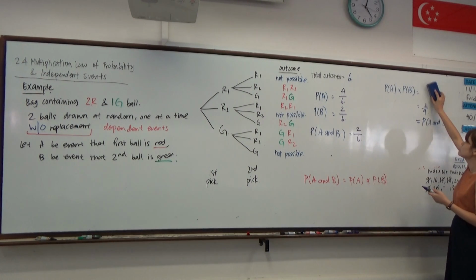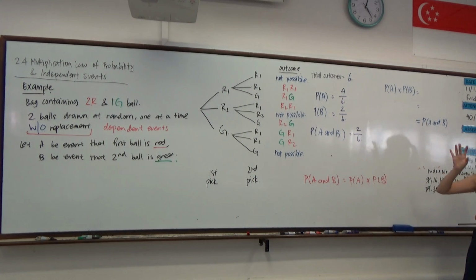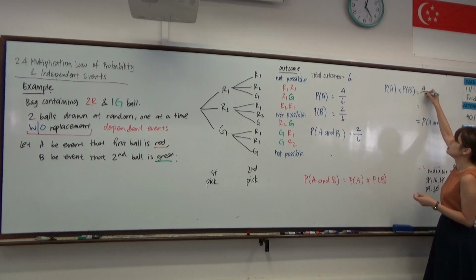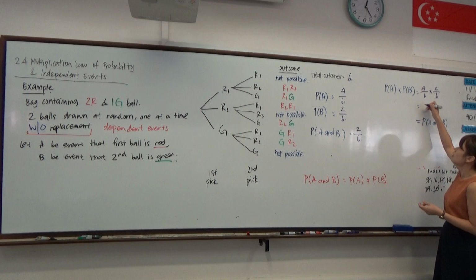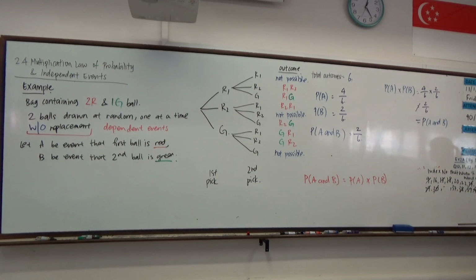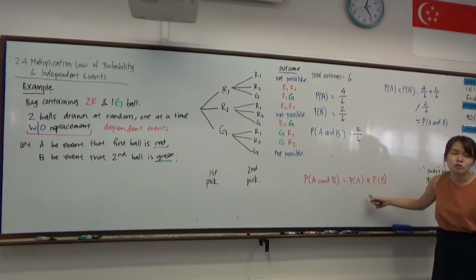But what I'm trying to say is not what the probability of A and B is going to be. I'm trying to say that for dependent events, the probability of A times the probability of B will not give you the probability of A and B. You understand what I'm saying? Only for independent events can you get this multiplication, that they are going to be equal.